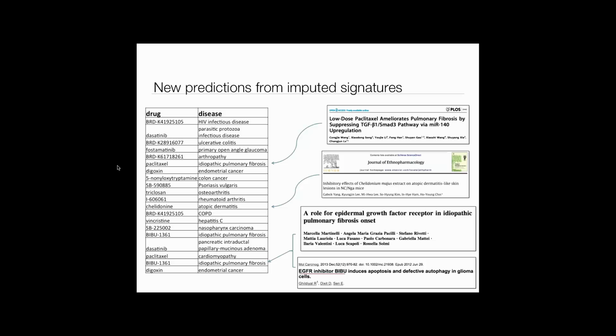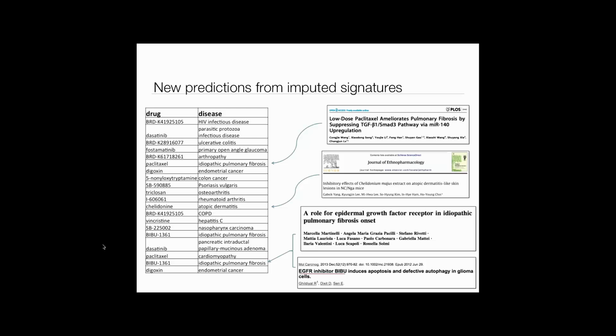In addition, chelidonine treating atopic dermatitis. This is one of the known uses of chelidonine. And then finally, there's another prediction for BIBU 1361, also for treating IPF.